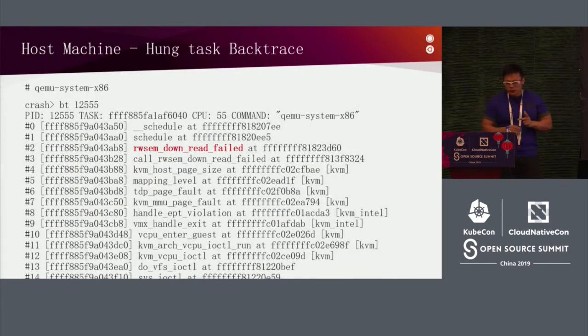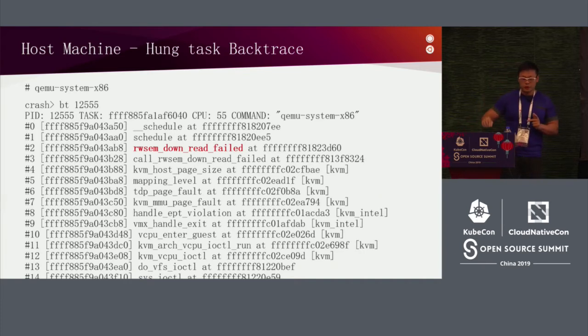And the third victim is QEMU. This is virtualization. When it is running, KVM runs and enters the guest with an instruction. But something happened. The VMCS appeared, and the two-dimensional page table.